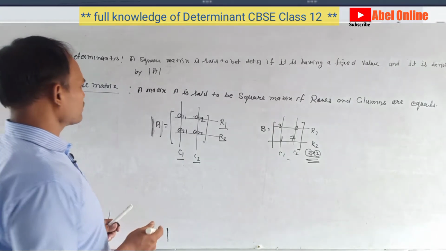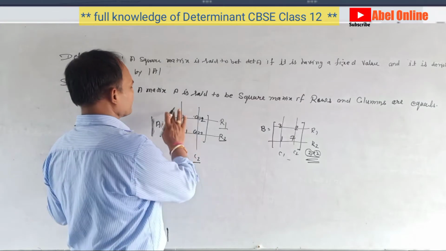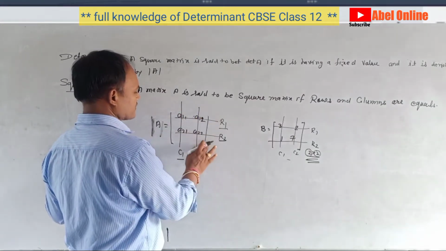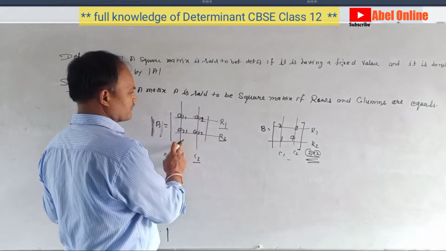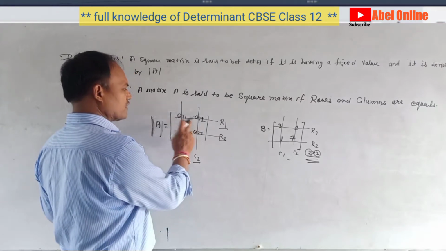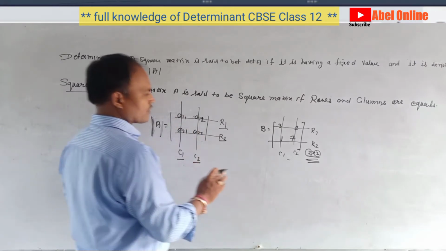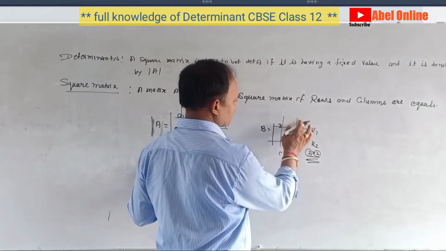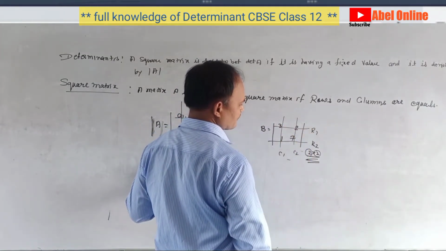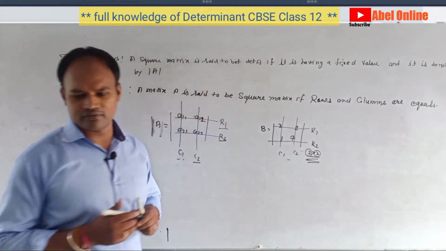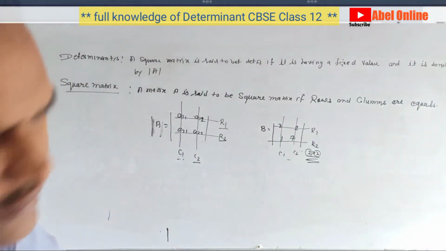When we are talking about the determinant, if it is like this, then it will be a determinant and we can solve the determinant. Now, what is the relation between them?